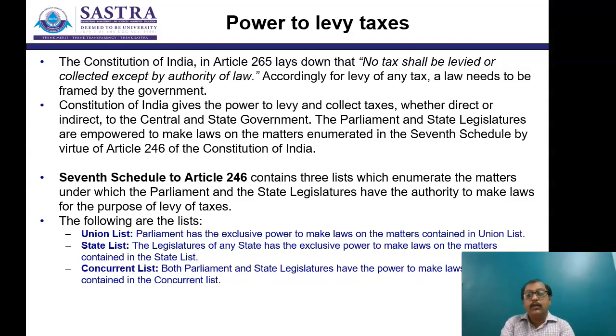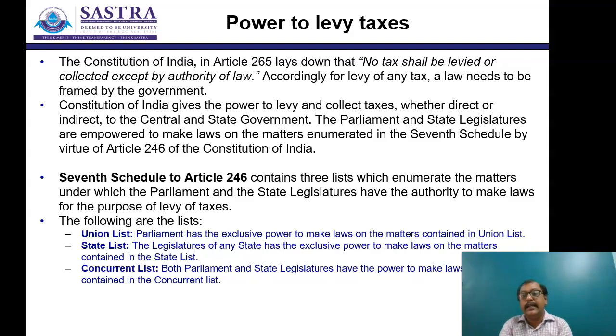Now, the Constitution of India in Article 265 lays down that no tax shall be levied or collected except by the authority of law. So, government will appoint certain authorities. Those authorities can only levy the taxes and collect the taxes. Accordingly, for the levy and collection of any tax, a law is needed, and that's why we have the GST law, GST Act, Income Tax Act, and so on.